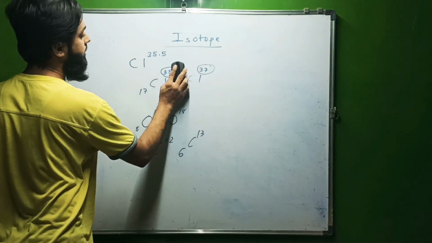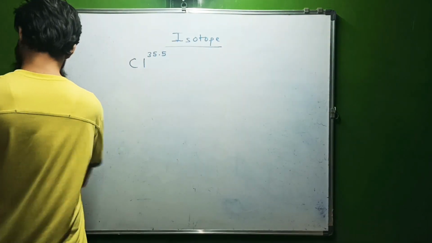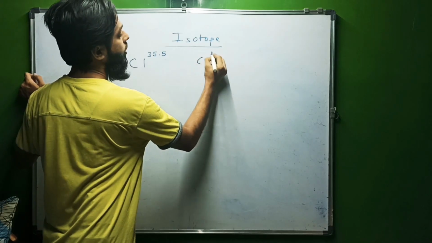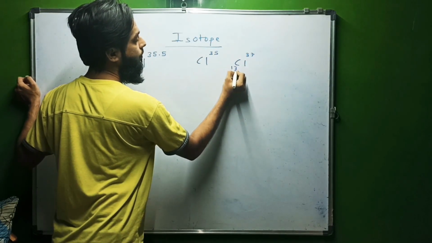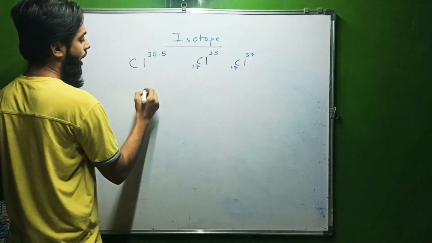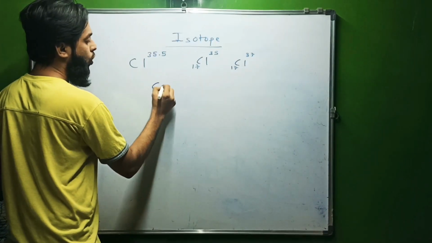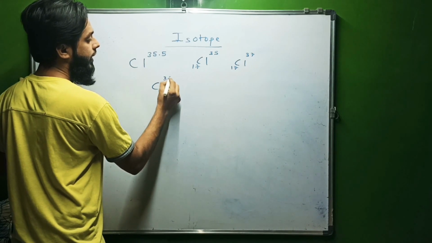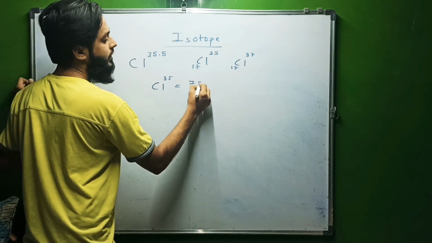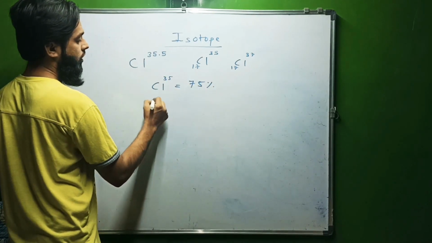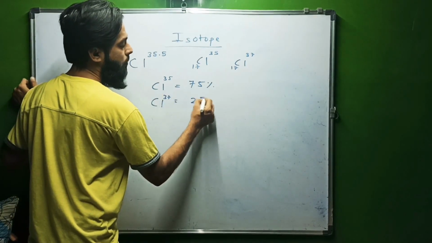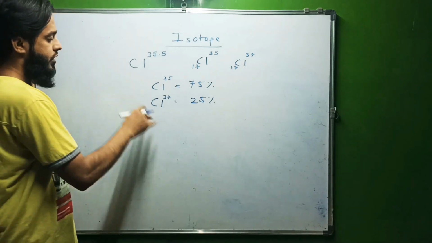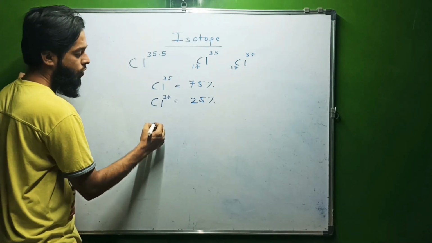Chlorine exists as chlorine 35 as well as chlorine 37. Now how to calculate? Chlorine 35 is actually present 75% in this world, and the chlorine 37 isotope is only 25%. Just look carefully.